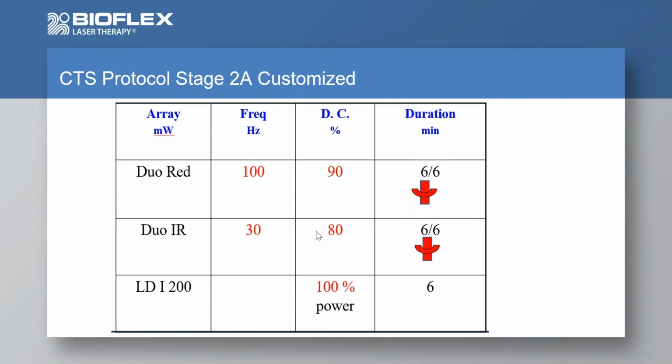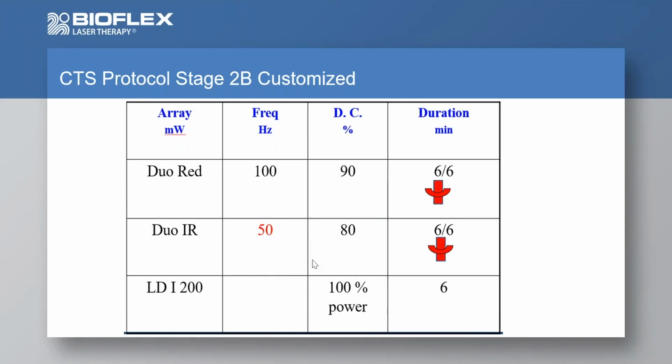And then you can graduate the protocol. If the patient plateaus or isn't responding, you can start pulsing out the red light, keeping the same placements, and slightly increasing the frequency, although still relatively low, and altering the duty cycle, giving you more energy, and eventually graduating to 100% power of the laser probe itself.